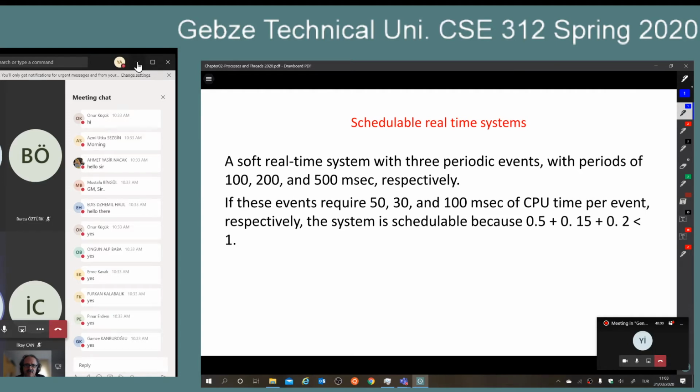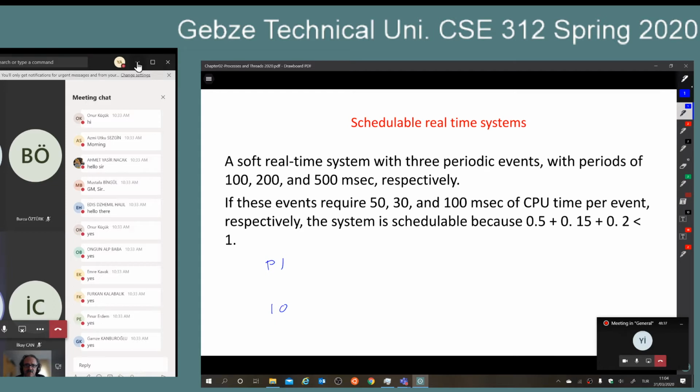I think there is a small example from the book. The book says that a soft real-time system with 3 periodic events with periods of 100, 200, and 500 milliseconds. So with a period of every 100 milliseconds, P1 is going to run.